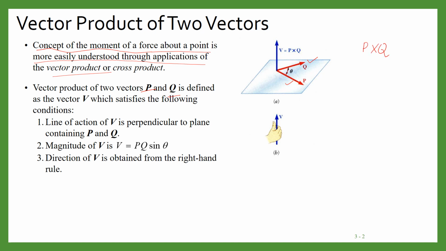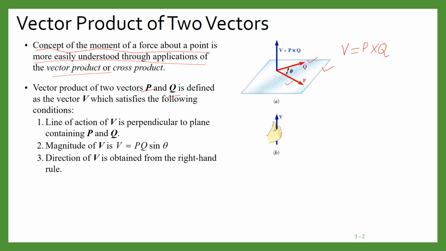Suppose we denote this by v. So the vector product of both the vectors will be pointing normal to the plane containing the vectors. So this is the plane which contains vectors p and q.